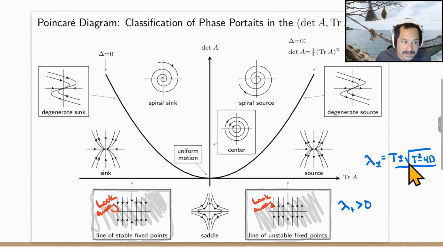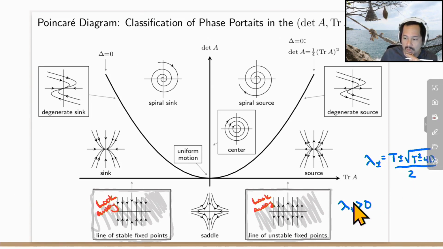Now, and this is the tough part in a remote setting because this conversation works a lot better in person, so I'm just going to push us through the conversation here. Check it out. 4 times d. Well, determinant's negative, so negative 4d, that's positive. So trace squared minus 4d, is that number going to be greater than trace squared or less than trace squared when I'm down here in quadrant 4?